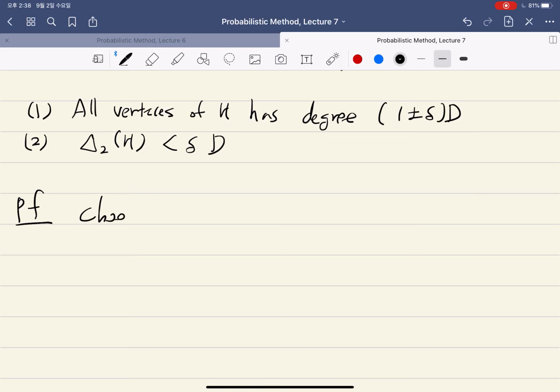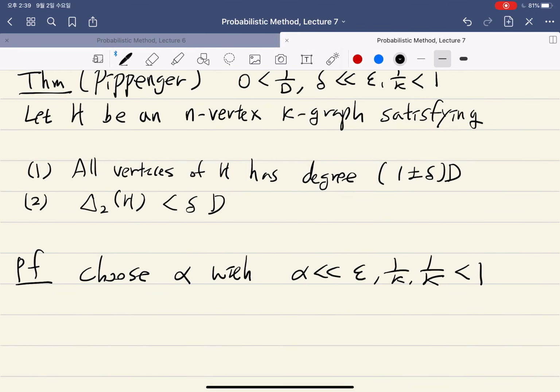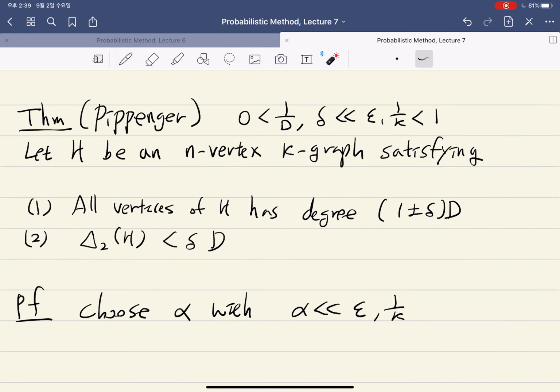We first choose alpha, which is much smaller than 1 over small k and 1 over large K. So here the statement is for given epsilon and 1 over k.